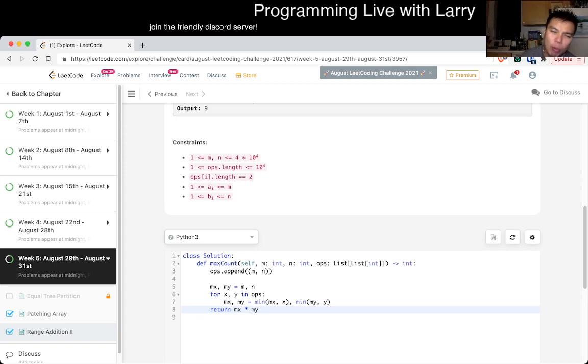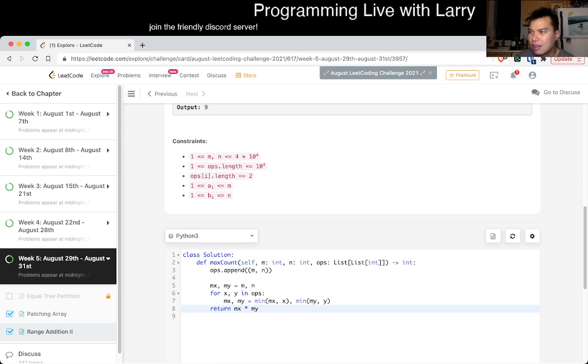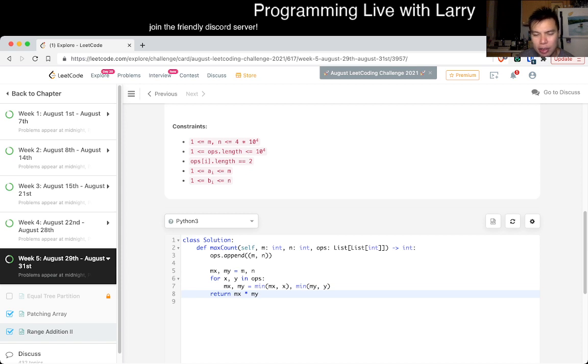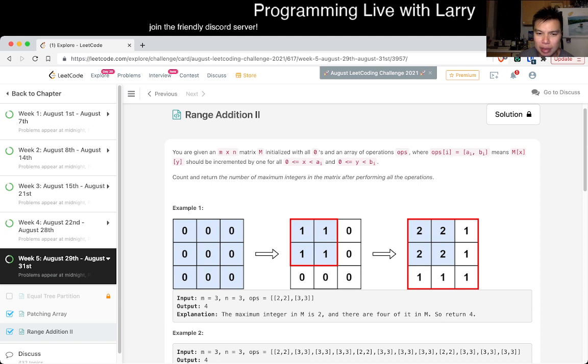What is a good way to think about it? What is my intuition here? To be honest, my intuition is just from a lot of experience. I don't know if I could explain it for this particular problem, but the observation is that you start at the corner. Maybe the easier way to think about it is thinking about one dimension first.